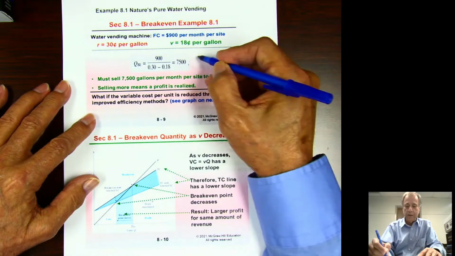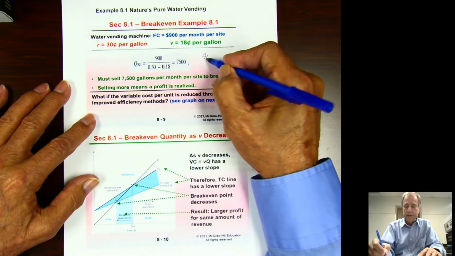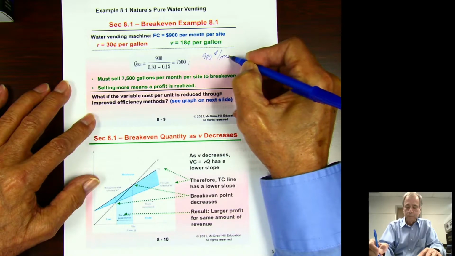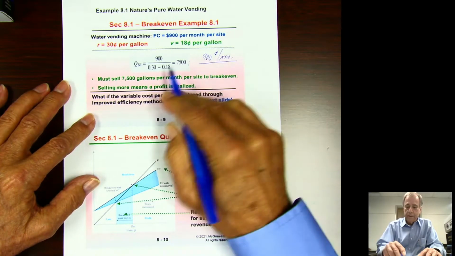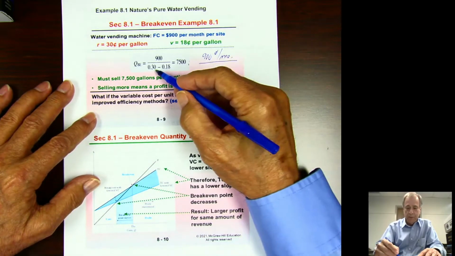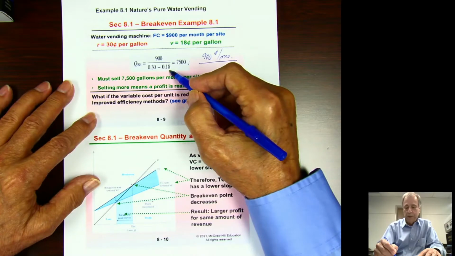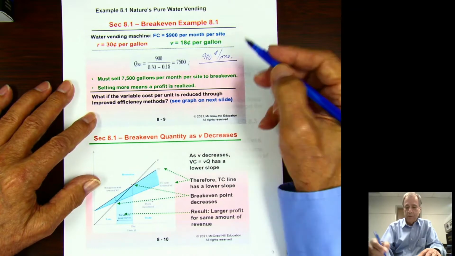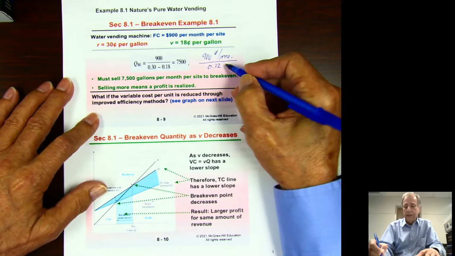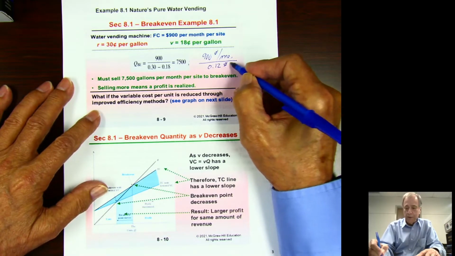Let's look at what the 900 is. 900 is dollars per month. Okay, and this number down here in the denominator is going to be 0.3 minus 0.18, which will be 0.12, and that's going to be dollars per gallon.